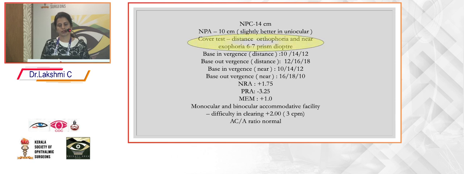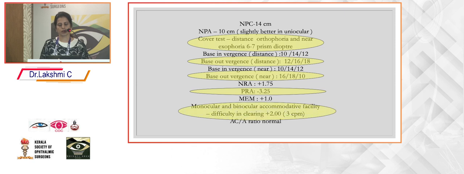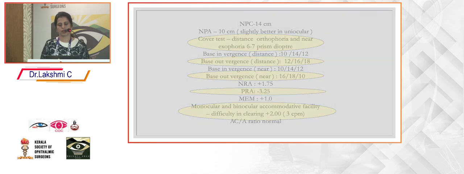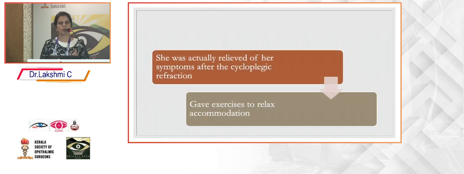The optometric data shows a small exophoria, and the vergence is relatively okay. But when we look at the positive relative accommodation and monocular and binocular accommodative facility, she is having difficulty in relaxing her accommodation. So she was having accommodative excess. And actually, these people with very small accommodative excess get relieved after we do a cycloplegic refraction. They become better. And then we gave her exercises to relax accommodation.